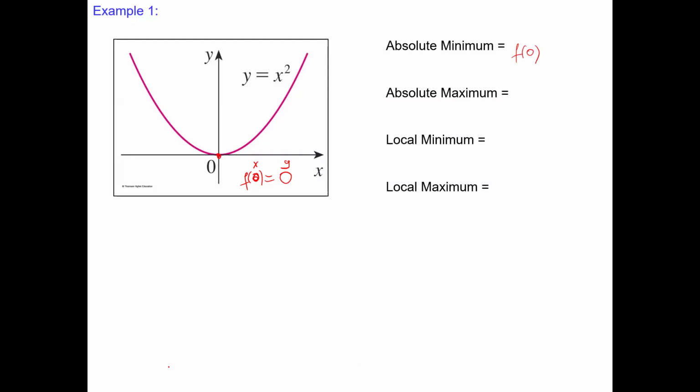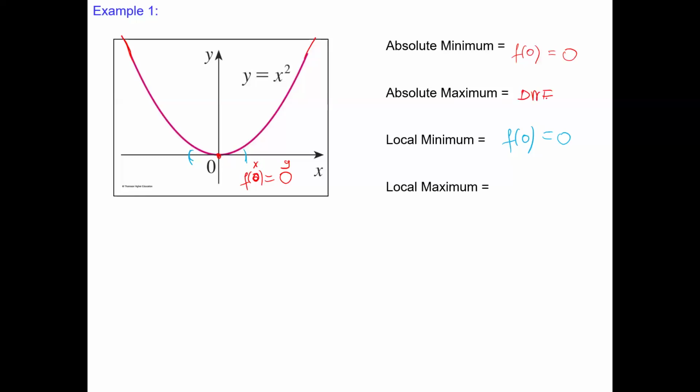We can also notice that this point satisfies the local condition: 0 is in the open interval. Then we can also say it's a local minimum value. It's both absolute and local, and the value actually is 0. But we know that the function x squared goes up to infinity.